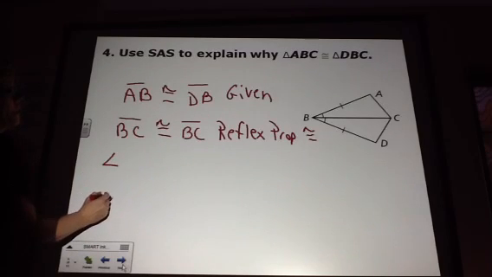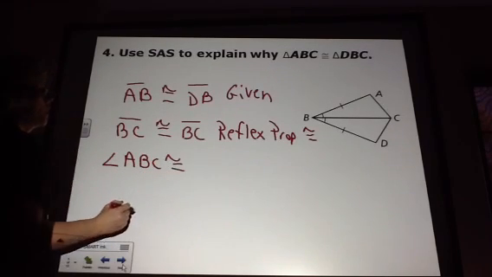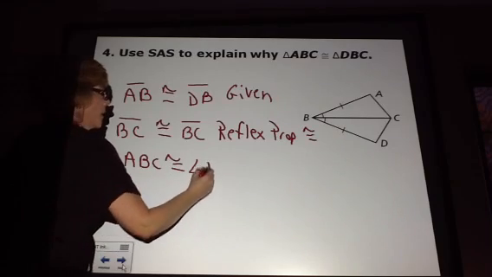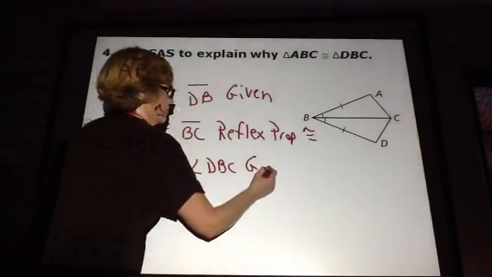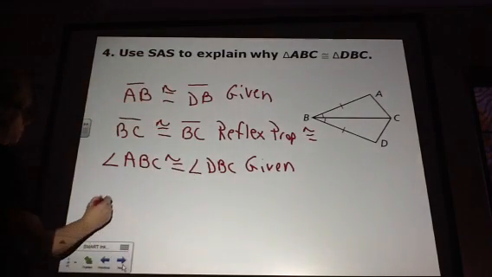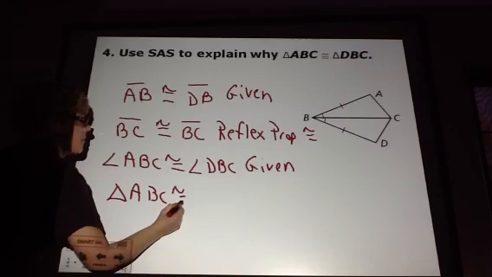And I have angle ABC congruent to angle DBC. Therefore, I can write my triangle congruency statement.